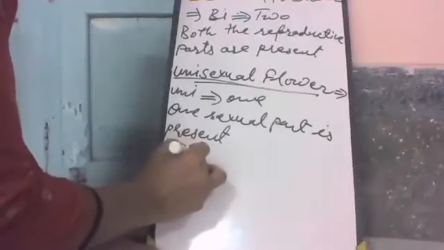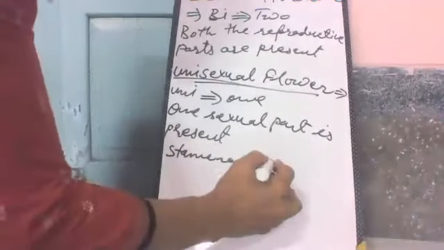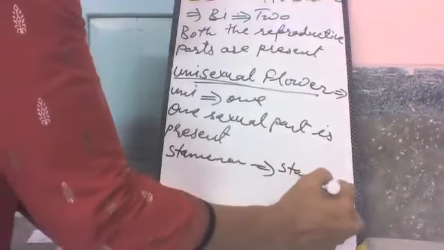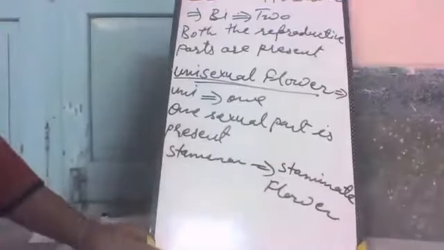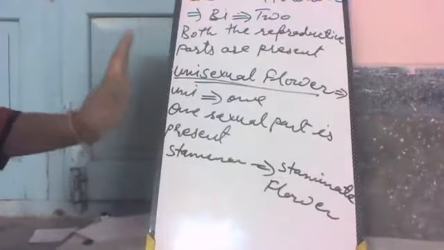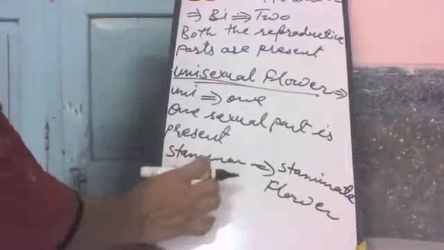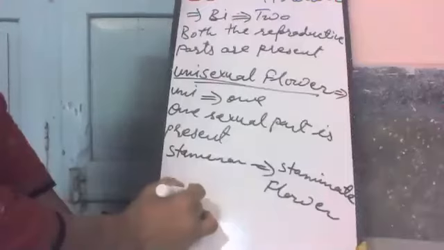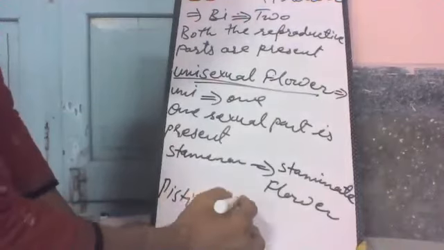Unisexual flower means having only one sexual part. It may be stamen or it may be carpel. If a stamen is present, that type of flower is known as a staminate flower, and there is an absence of gynoecium or pistil. If only the pistil is present, then the flower is known as pistillate.